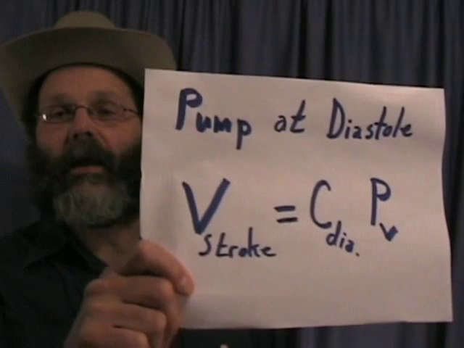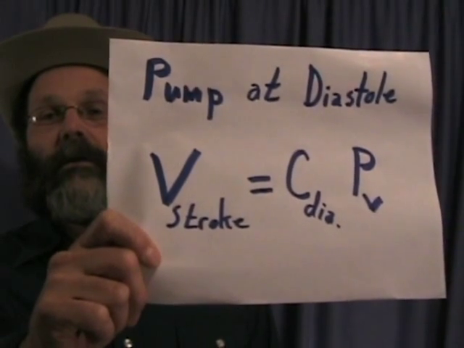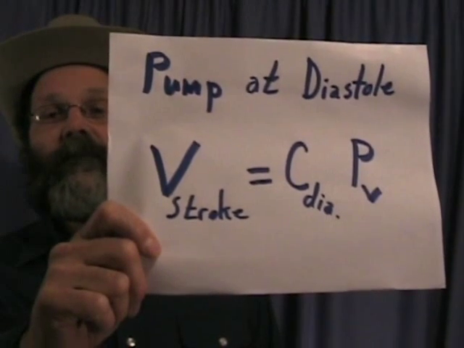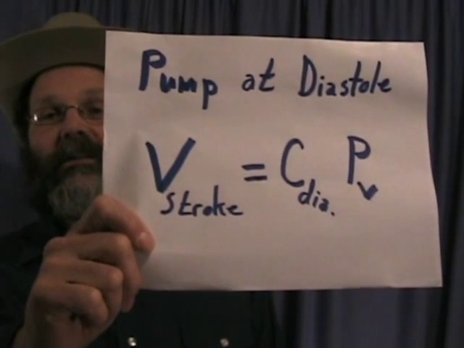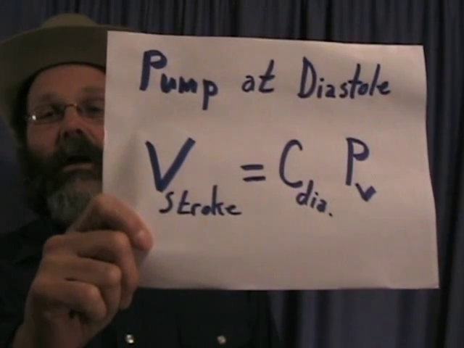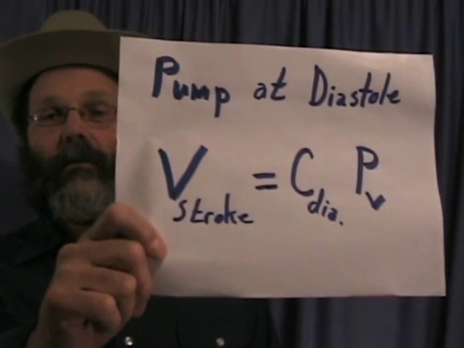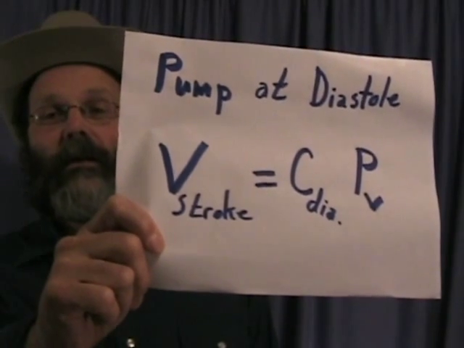So, what are we going to do? Well, right now we want to worry about something that has to do with the pump that's not so time dependent. So let's look at the pump at diastole. So we have this full volume of the heart blood, some compliance at diastole, and the pressure on the venous side with the valve closed, so the arterial pressure doesn't come into play yet.